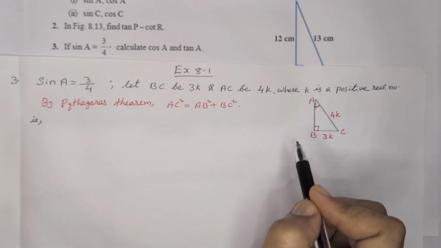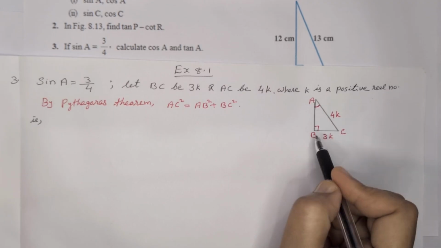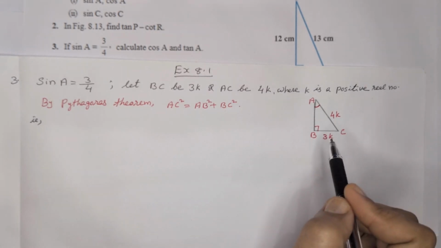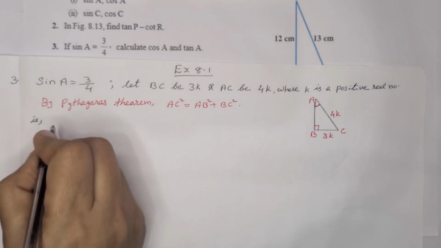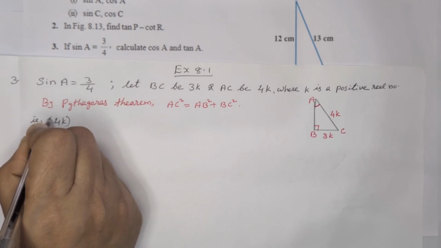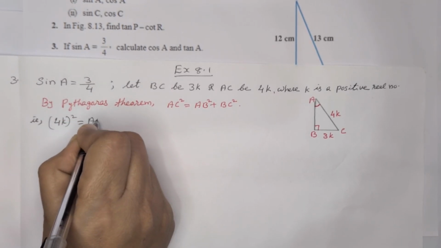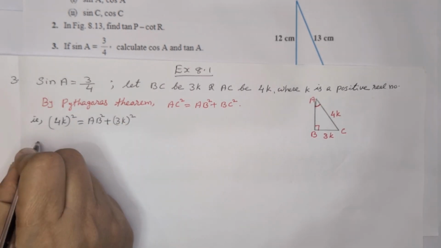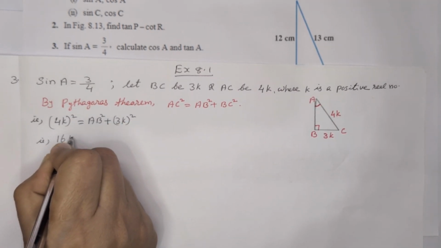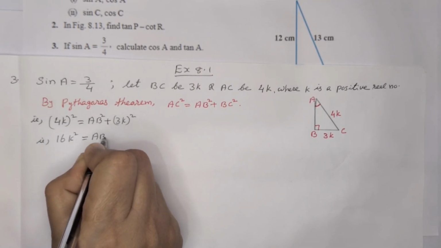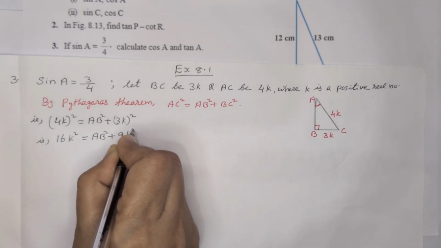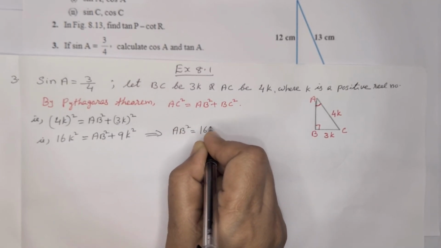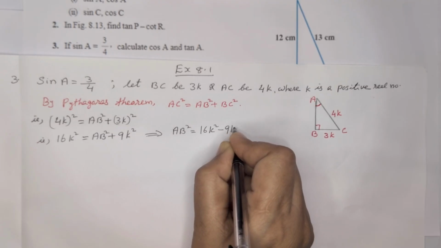Then by Pythagoras theorem, hypotenuse square is equal to base square plus altitude square. That means AC square is equal to AB square plus BC square. Here we know that AC is 4K. So we can write 4K the whole square is equal to AB square plus 3K the whole square. That is 16K square is equal to AB square plus 9K square, which implies AB square is equal to 16K square minus 9K square.